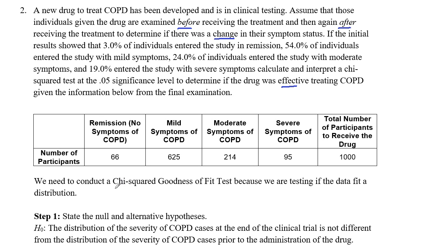But we're going to conduct a chi-squared goodness of fit test, because we're going to test to see if these are the after numbers from the total sample size of 1,000, and we want to see if those obey this distribution of 3%, 54, 24, and 19.